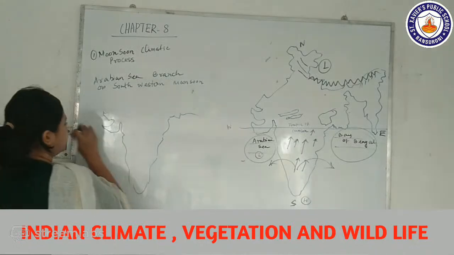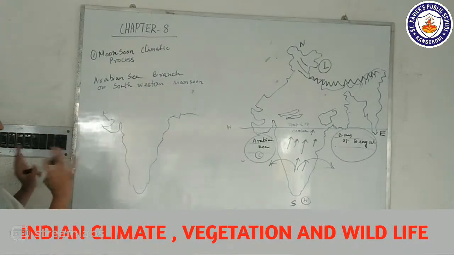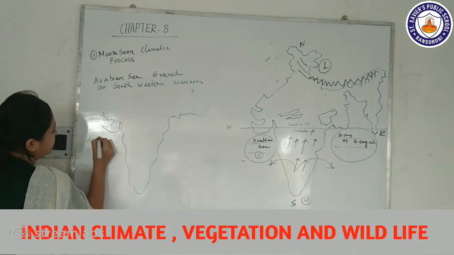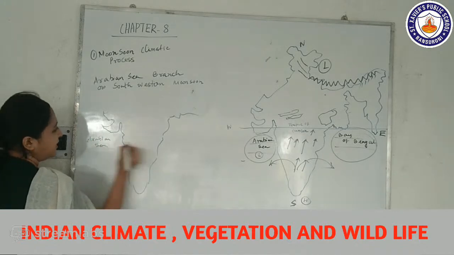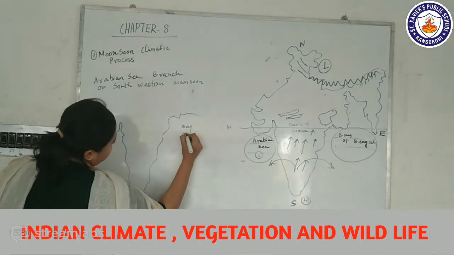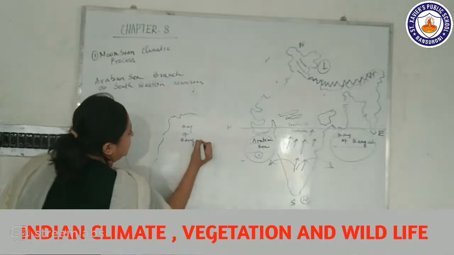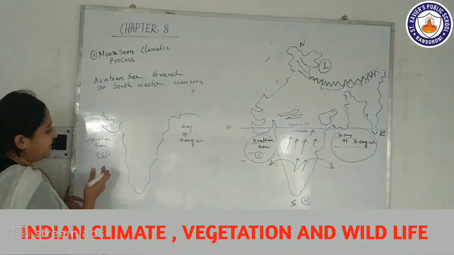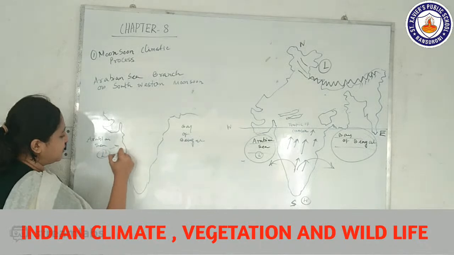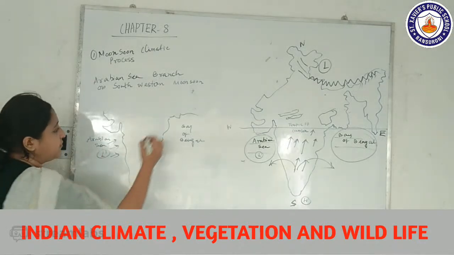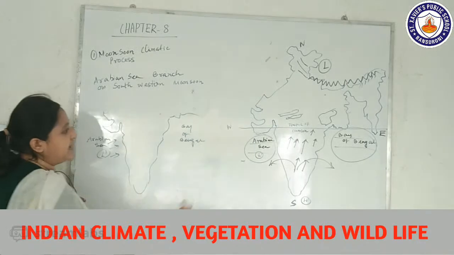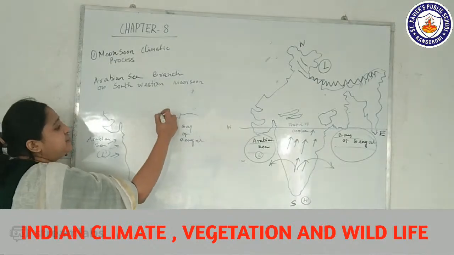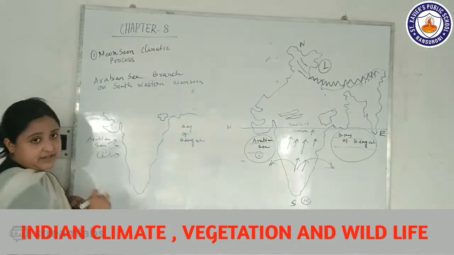I just draw the lower portion of India. This is the Arabian Sea and the Bay of Bengal, and low pressure is developed over there, and the wind blows from the Arabian Sea up to the Chotanagpur Plateau, which is situated in that part of the Indian subcontinent.